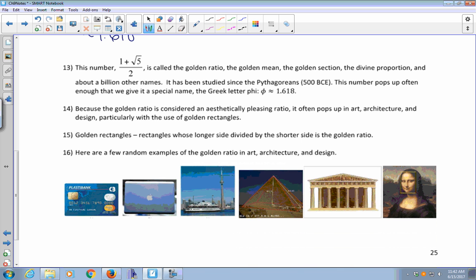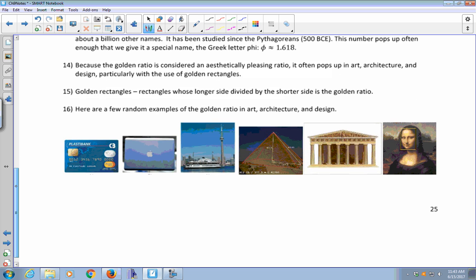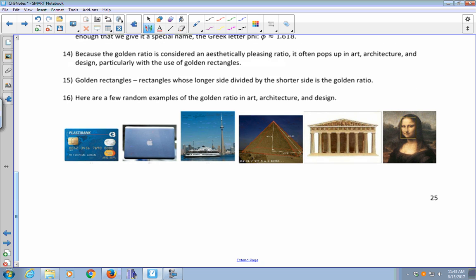Because the golden ratio is considered an aesthetically pleasing ratio, it often pops up in art and architecture and design, particularly with the use of golden rectangles. Golden rectangles are just rectangles whose longer side divided by its shorter side is the golden ratio. Here are just a few random examples of the golden ratio in art, architecture, and design. Typical credit cards, if you do the length divided by the width, you get something close to the golden ratio.